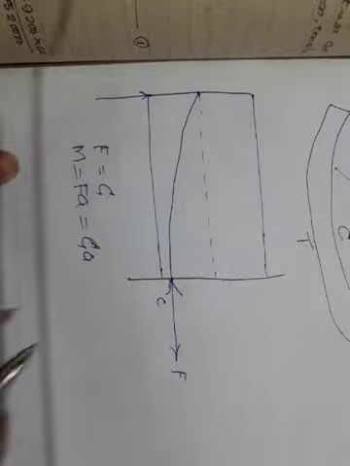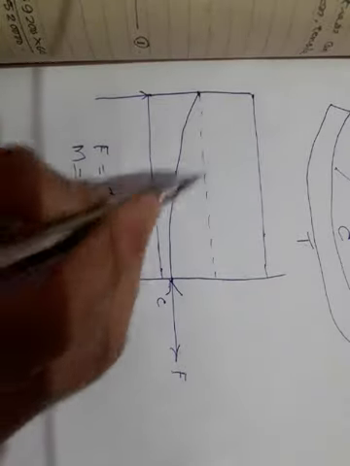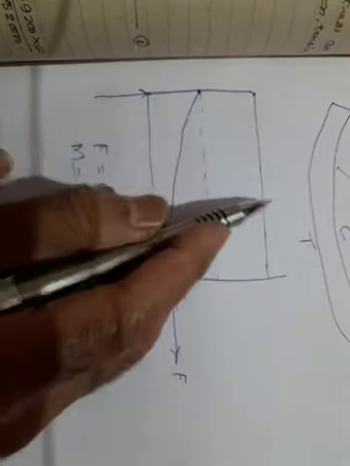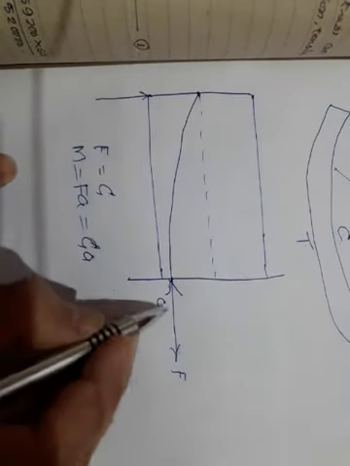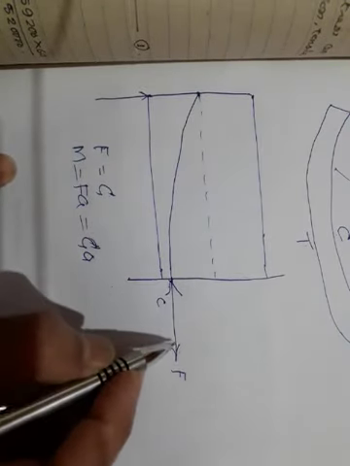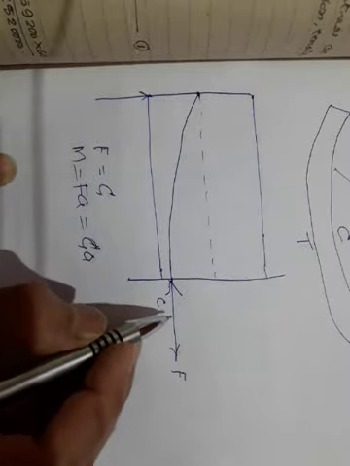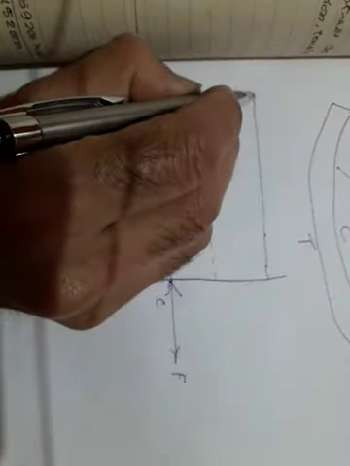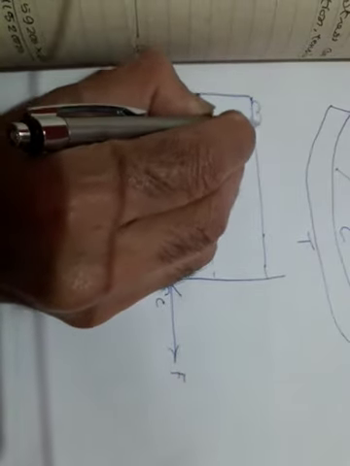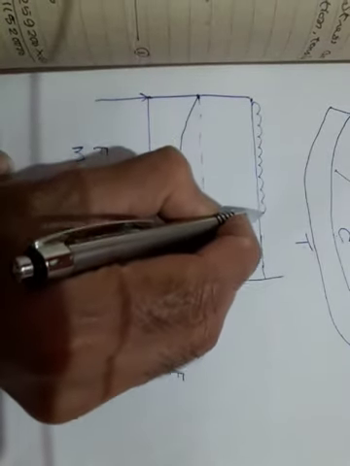Now what happens is, when there is no load at all on the beam, your F force and C force coincide. There is no lever arm between them. Suppose I apply a small live load on the beam.